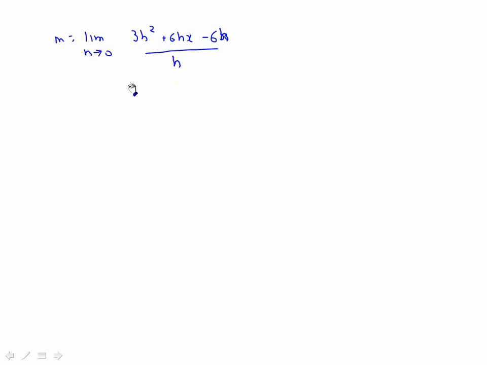So we factor out the h. That will leave us with 3h plus 6x minus 6 all over top of h, and this is the limit.